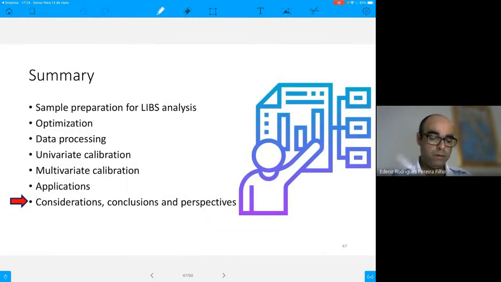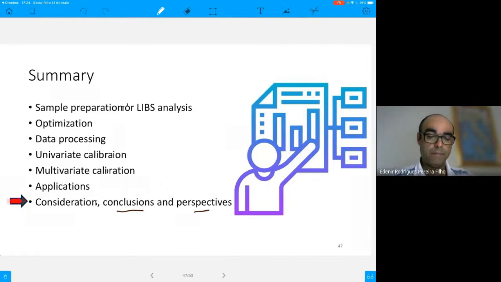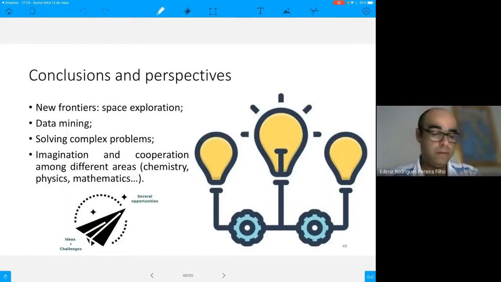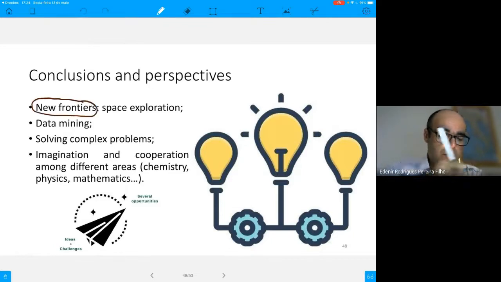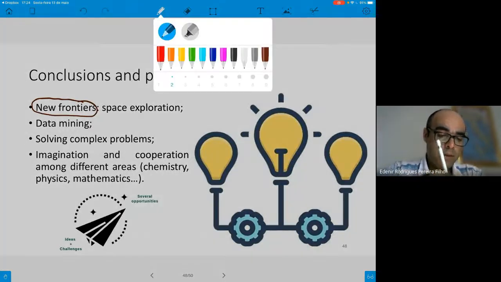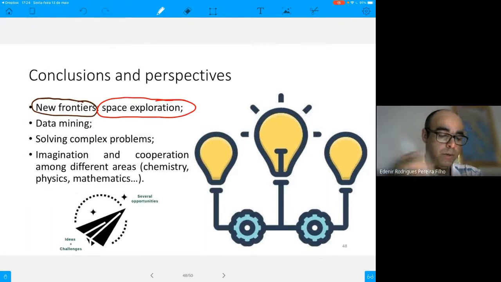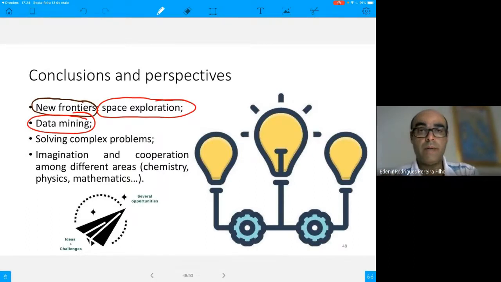Considerations, conclusions, and perspectives. Using LIBS, we can open new frontiers. For example, LIBS is now being used in space exploration. We can perform data mining because we have several hundreds, thousands of data.